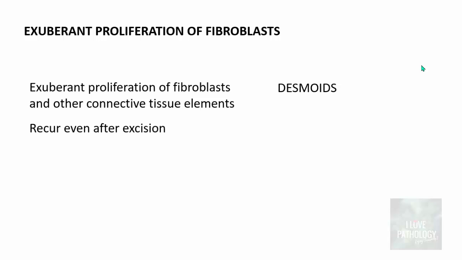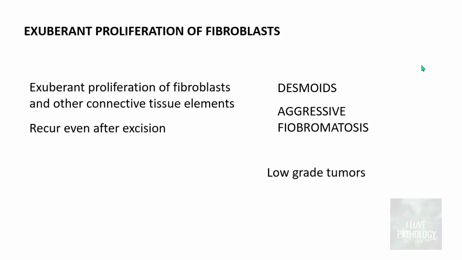Even if you excise these desmoids, they recur. That is the importance of knowing excessive proliferation of fibroblasts. That is why they are also referred to as aggressive fibromatosis, which are basically low-grade tumors. It is in between benign and malignant tumors. Okay, they are considered as low-grade tumors. This is one of the complications because of excessive proliferation of fibroblasts.